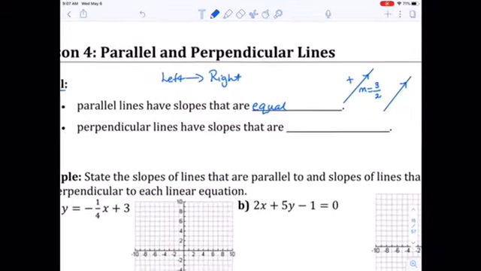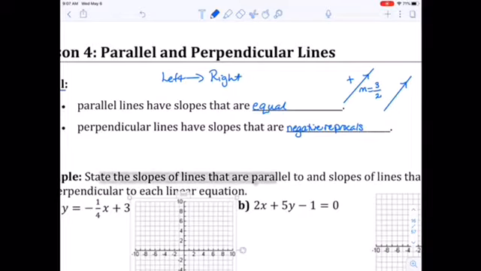Perpendicular lines have slopes that are the negative reciprocals of one another. That does not mean they're both negative.